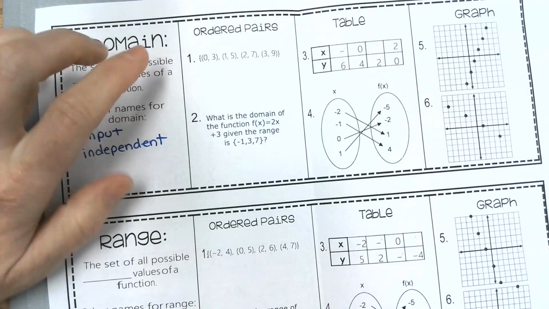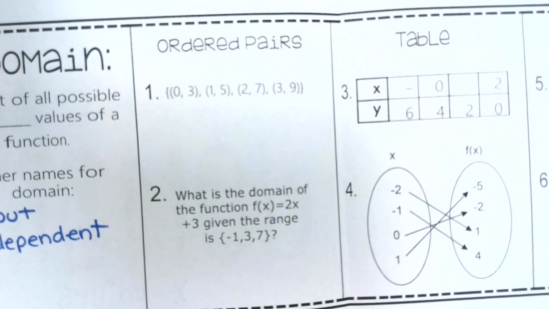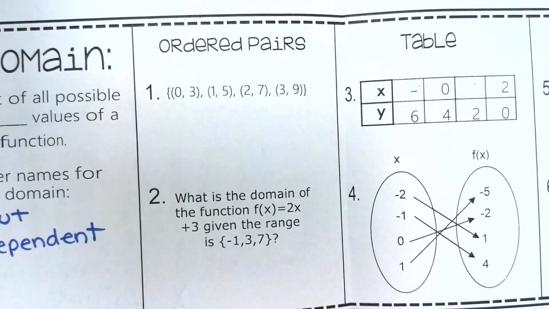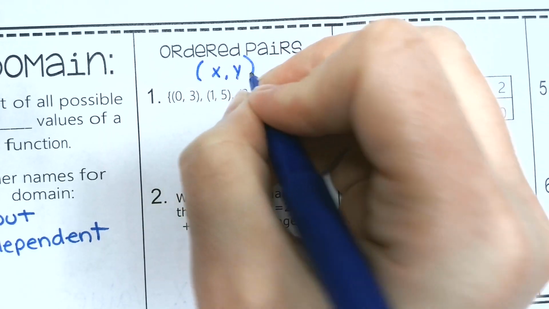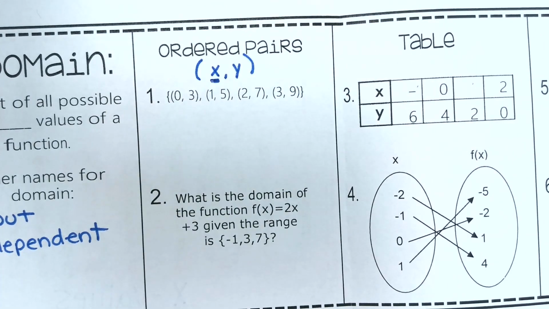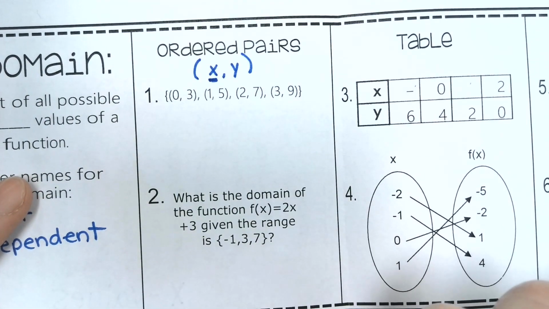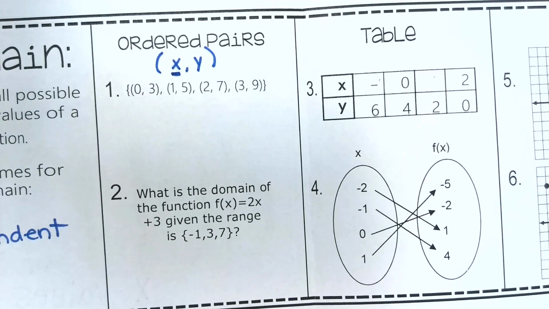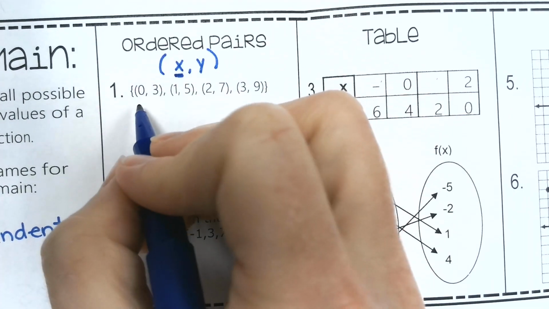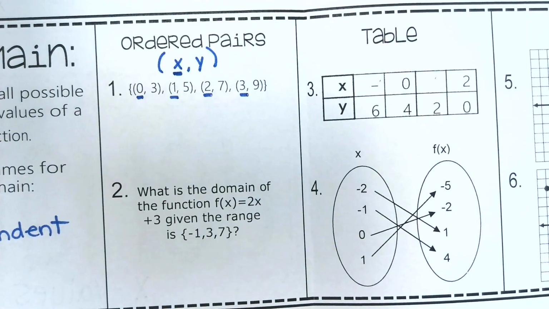Okay, ordered pairs. Remember with ordered pairs, we have the x values first, x comma y. So we're going to underline all the x values. So underline them: 0, 1, 2, 3.